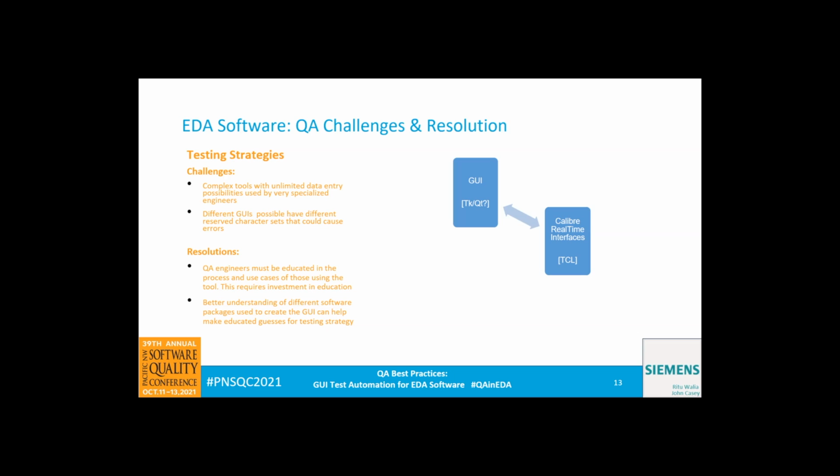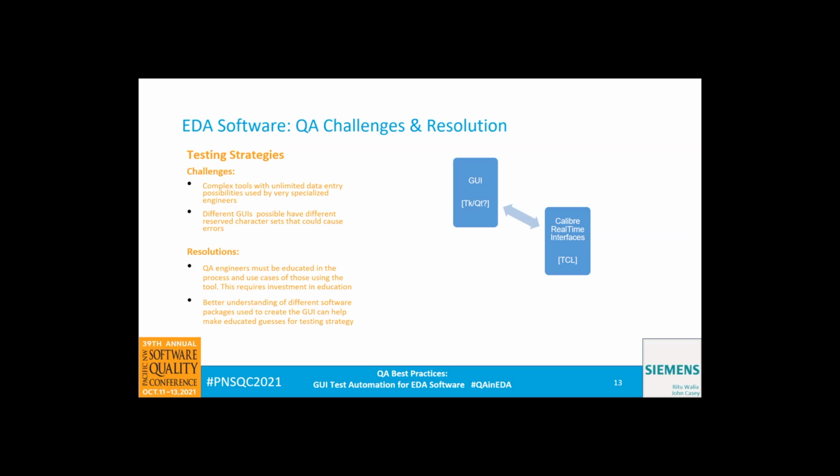The QA engineer to take on this role must be educated in the way the IC design engineer works, what they're thinking about when they use the tool and the common design scenarios they create, and based on that, decide which scenarios would be worth the effort to test and which would not. For example, most photomask shapes come in certain rectangular or combinations of 90-degree shapes, orthogonal shapes. So does it really make sense to spend a lot of QA resources creating an infinite number of bizarre test cases with shapes with 10,000 edges to it?